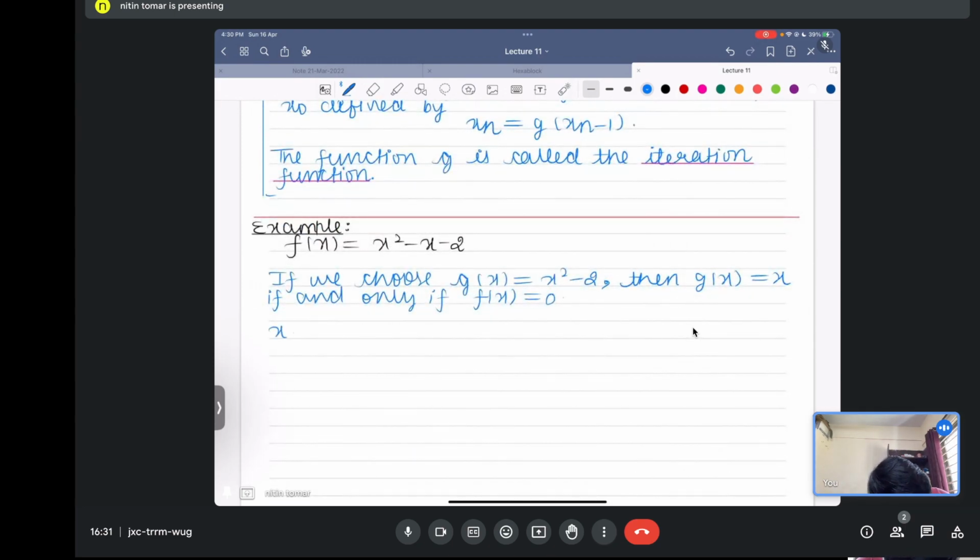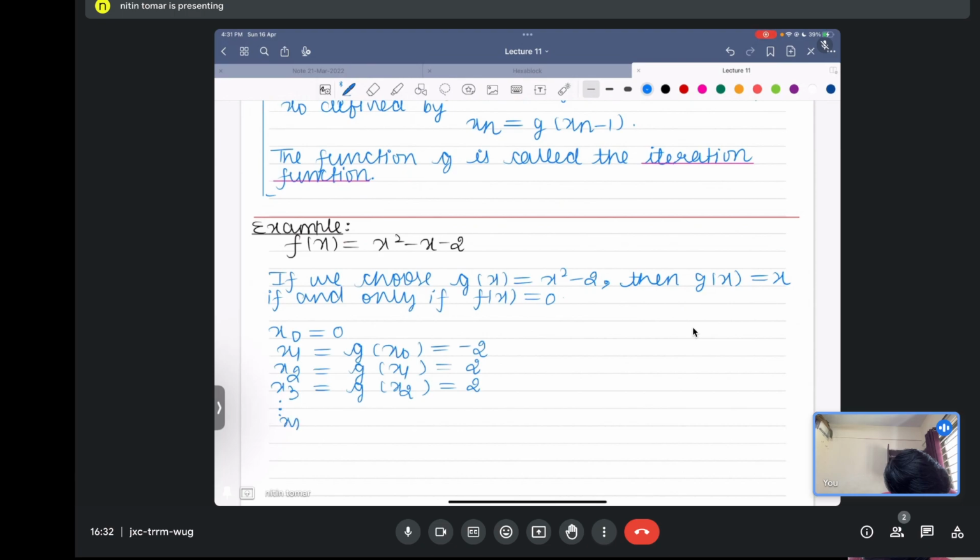So if we choose our x naught to be, let's say, 0, then our x1 will be g of x naught, which will be minus 2. Then our x2 will be g of x1, which will be 2, right? Our x3 will be g of x2, which will be 2, and you keep on doing this.